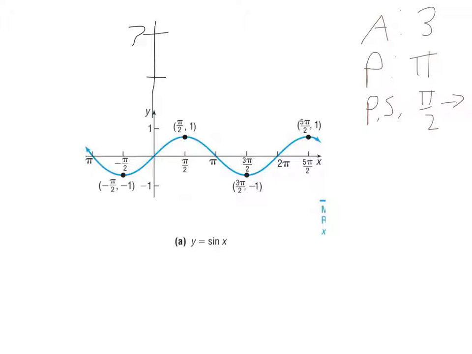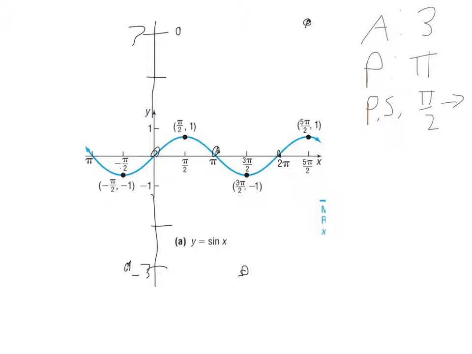Instead of it being at 1 and -1, those points would be at 3 and -3. So drop those points down. These points would still be at 0. And the points that are at positive 1 would be at positive 3.